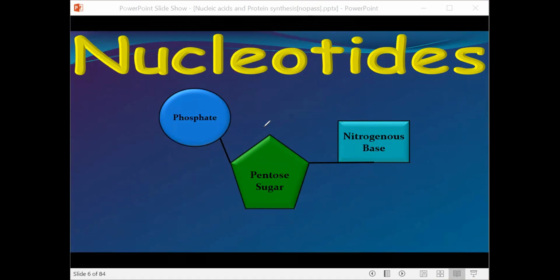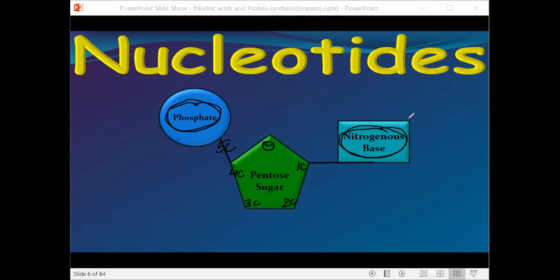Over here will be your oxygen, then the first carbon, second carbon, third carbon, fourth carbon, fifth carbon. So five carbons, that is their position. This phosphate is connected with your fifth carbon. Nitrogen is connected to the first carbon. This is a nucleotide.